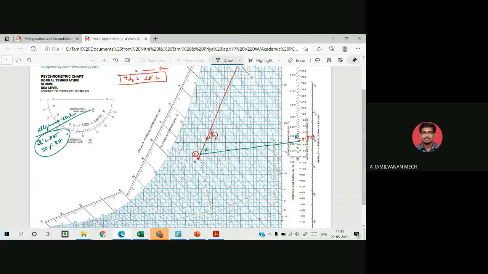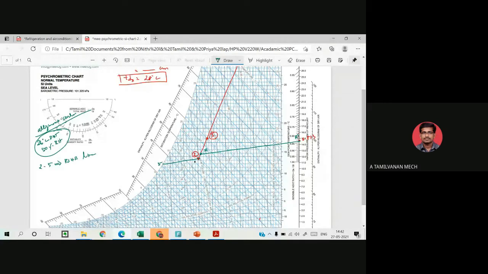Draw a parallel line from 2, parallel to R dash. From R dash we can draw a parallel line from 2, and it intersects at one particular point. This point we mark as 5. So point 2 to 5, this line is the room sensible heat factor line.